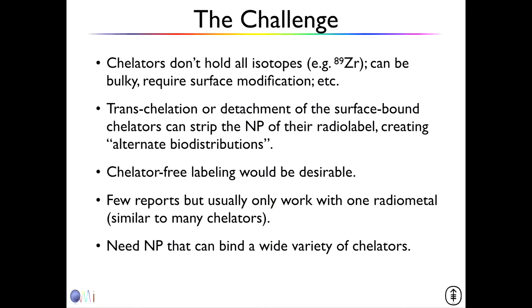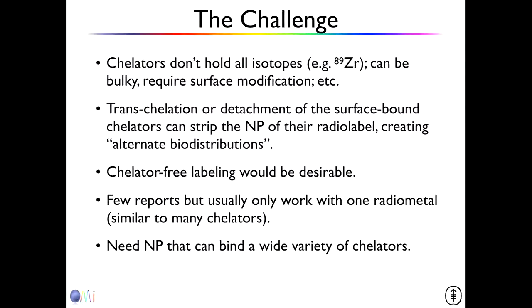So as I said, the challenge is that chelators aren't all the same, and they don't all hold isotopes in the same way. Zirconium, for example, you all know cannot be chelated by DOTA, so you have to use another one. Also, they require that you modify the surface of your nanoparticle. So if you have a clinically approved nanoparticle, now you put a chelator on there, it's not clinically approved anymore.